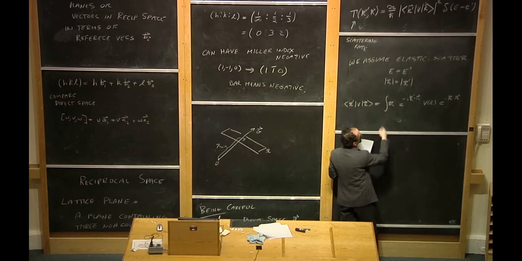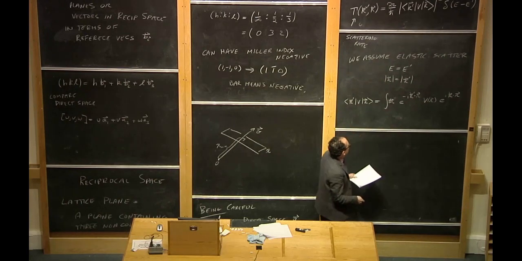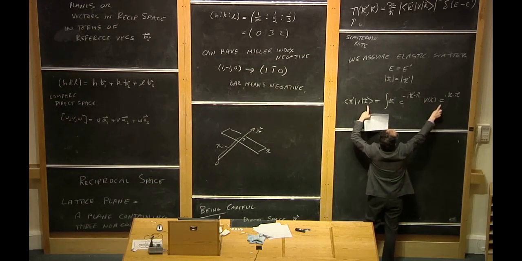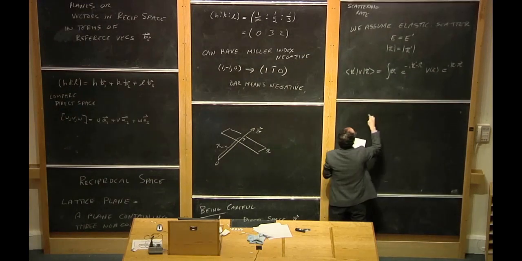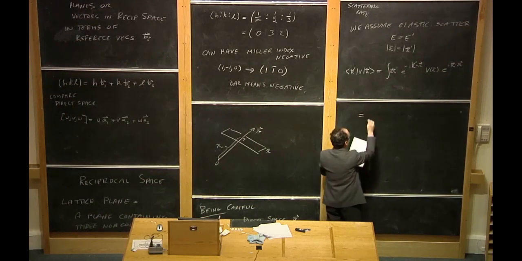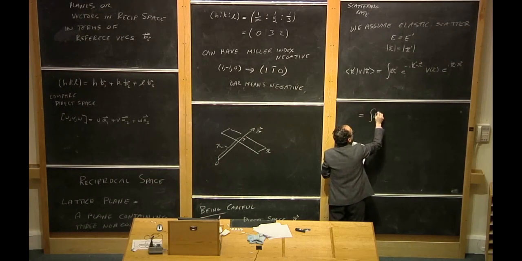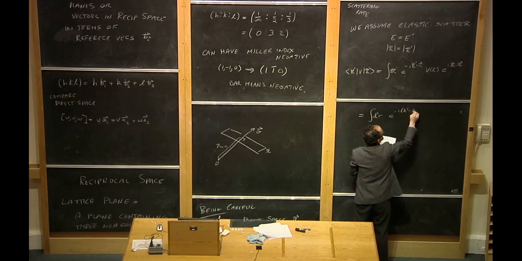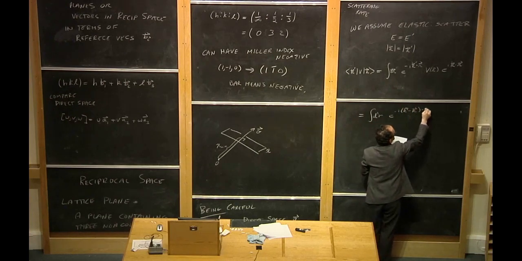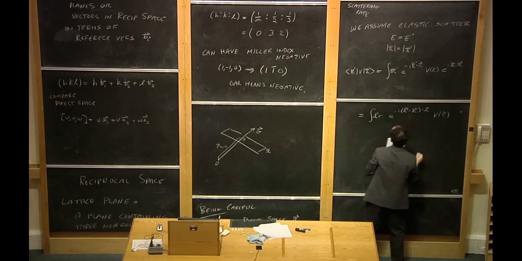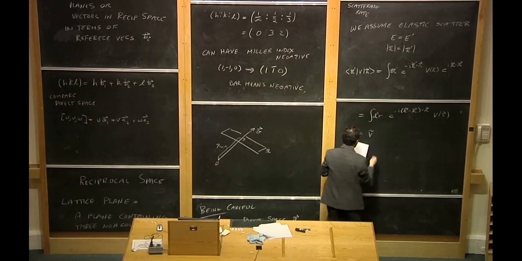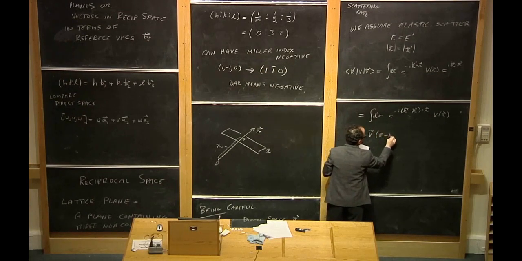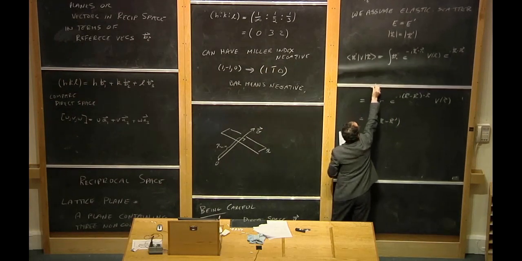If you were careful, we would normalize this by 1 over square roots of volumes. This is the wave function k prime. This is the wave function k. There's V of r in the middle. And we realize that what that is, we'll write it this way: the integral d3r e to the minus i k prime minus k dotted with r, V of r. That is just, we'll write it as V twiddle of k minus k prime, where V twiddle means Fourier transform.